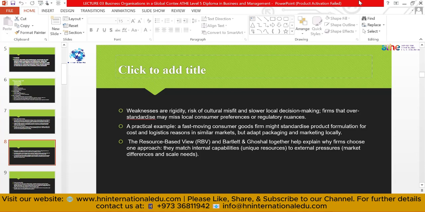Market differences is, let's assume that we have one industry, but the market is going to be different. Your scale of organization, the size, the structure, the needs, the styles, everything varies from one another. So definitely the capabilities also differ.